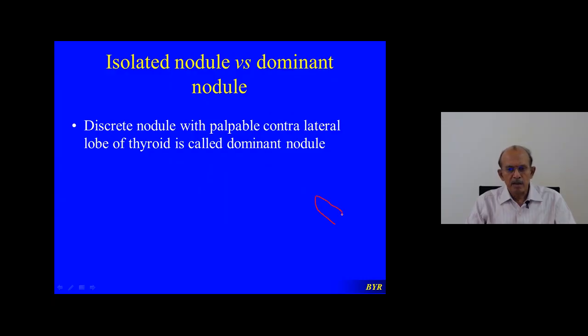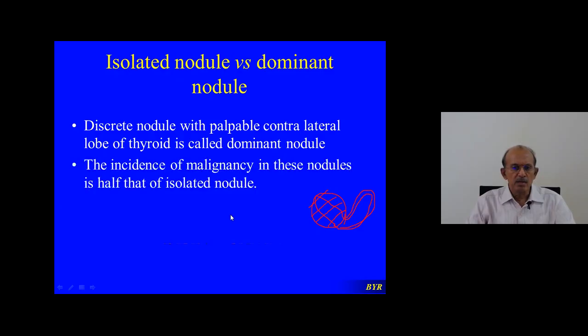This is the normal thyroid gland. Now, for example, if the patient develops a solitary nodule in one lobe, so this right side is having a solitary thyroid nodule. On clinical examination, you notice there is mild enlargement of the left lobe. The left lobe also is clinically palpable. Then you call it a dominant nodule.